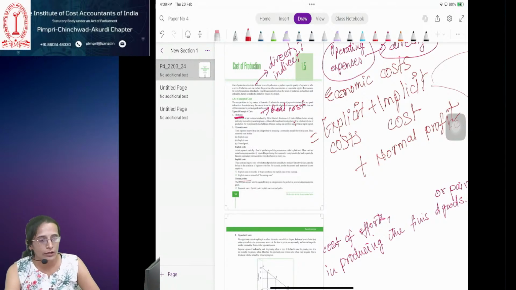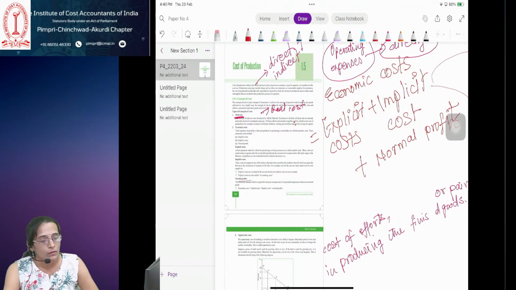Now we will see what explicit costs are. So guys, what are explicit costs? Any idea? Saili? No. Okay. Explicit costs are the costs which are directly borne, or for which payments are made by the organization, directly related to the operation of the business.